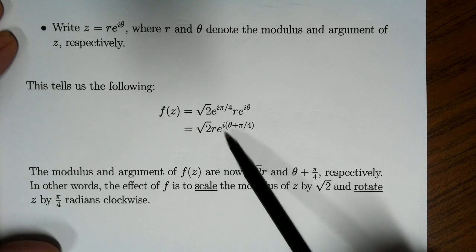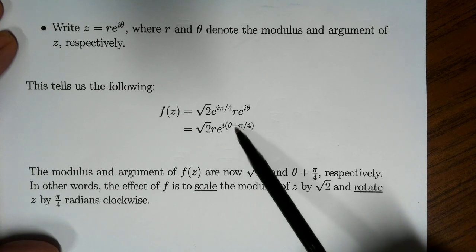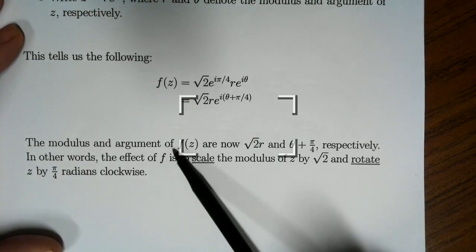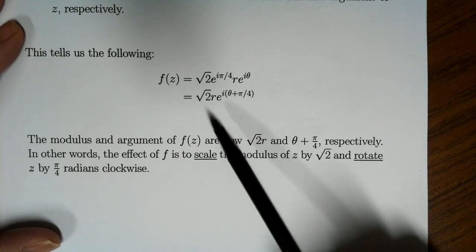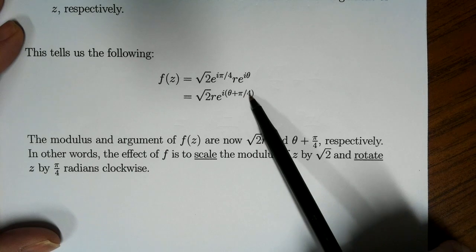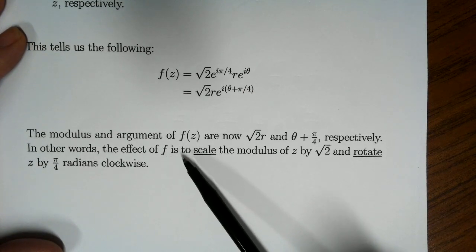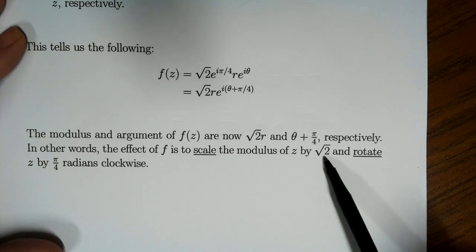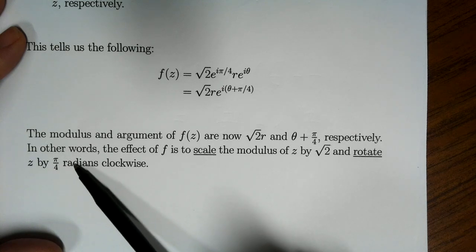If we simplify a little bit, we get root 2 times r e to the i (theta plus pi over 4). The modulus of f of z is now root 2 r, and the argument is theta plus pi over 4. So that tells us that the geometric effect of f is to scale the modulus of a complex number by root 2 and rotate by pi over 4.